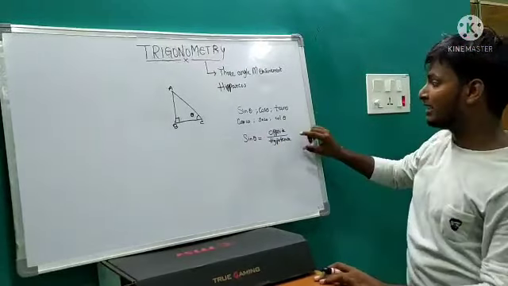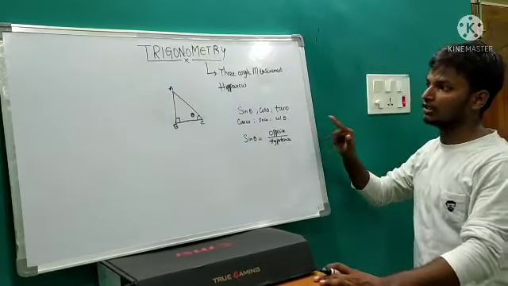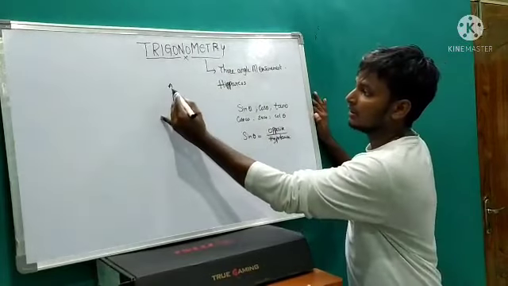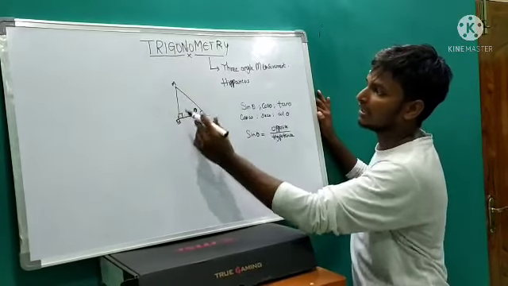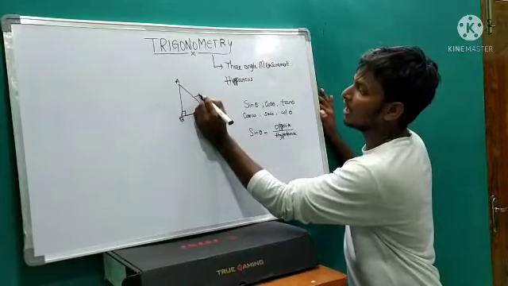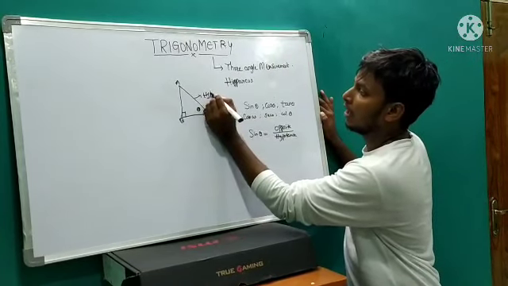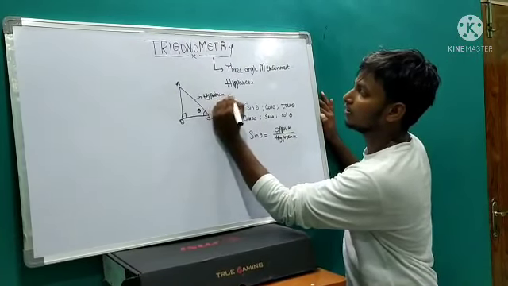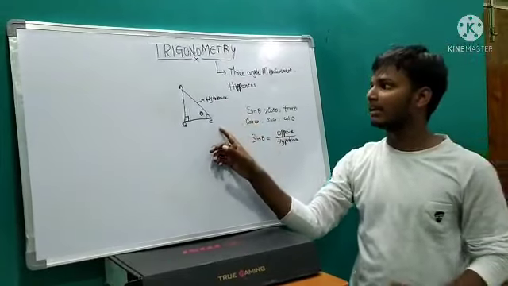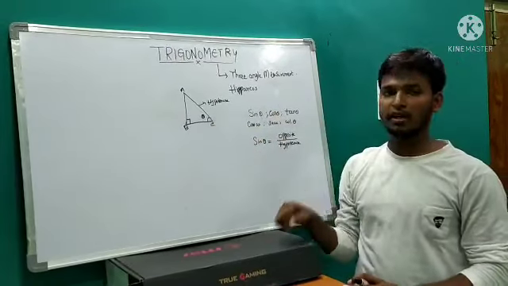Let's discuss what is hypotenuse and what is opposite. In a right angle triangle, the largest side is AC. It is called the hypotenuse.